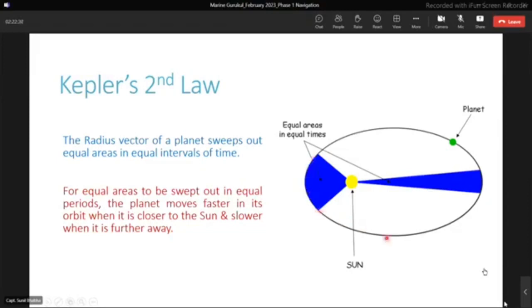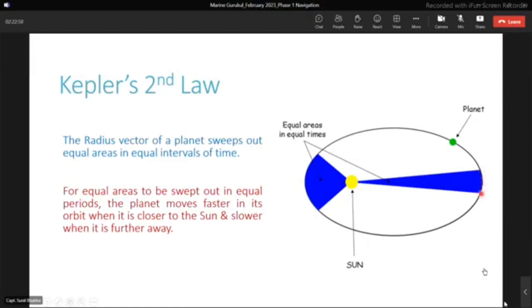Now, when the planet is far away from the sun in this particular condition, you can see the radius vector is very, very long as compared to the radius vector in the previous instance. With the radius vector very long, if it has to sweep out equal area in equal interval of time, the planet has to move very slowly in this part of its orbit.